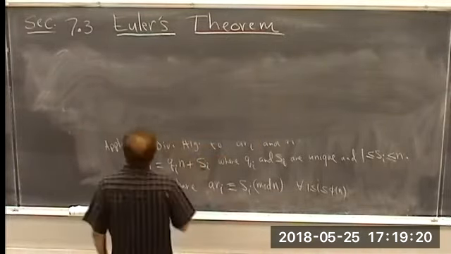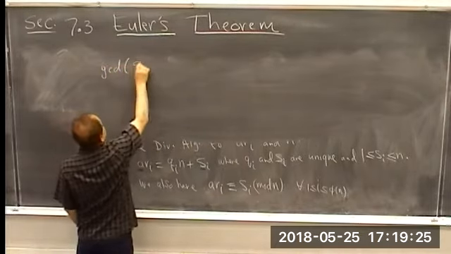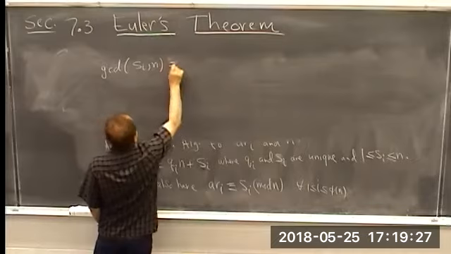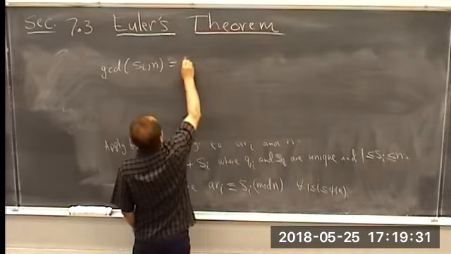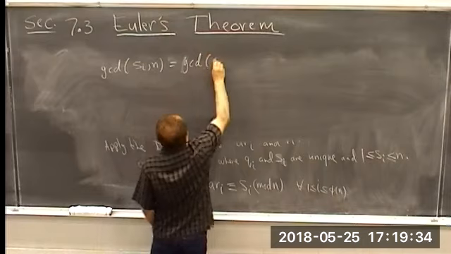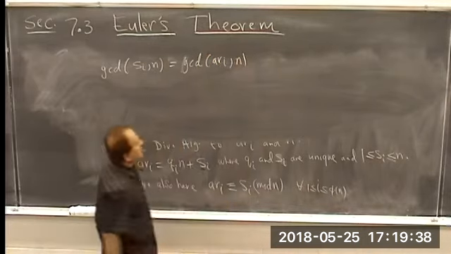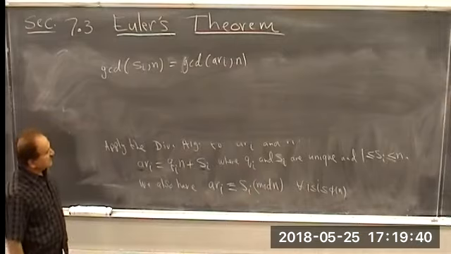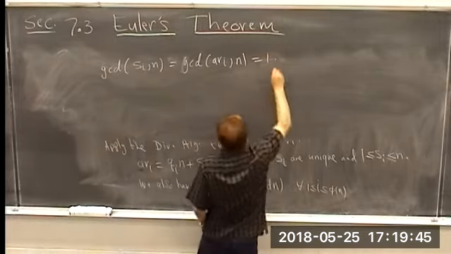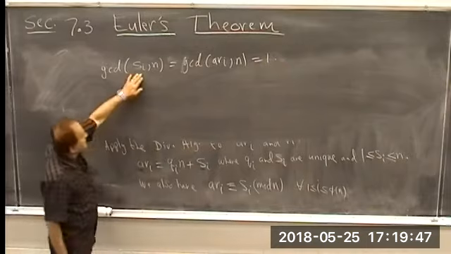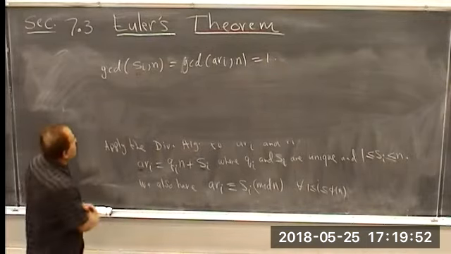We have the greatest common divisor of SI and n is the same as the greatest common divisor of ARI and n. Because these are congruent to each other, they're going to have the same greatest common divisor. And now this one, we know it is equal to 1.